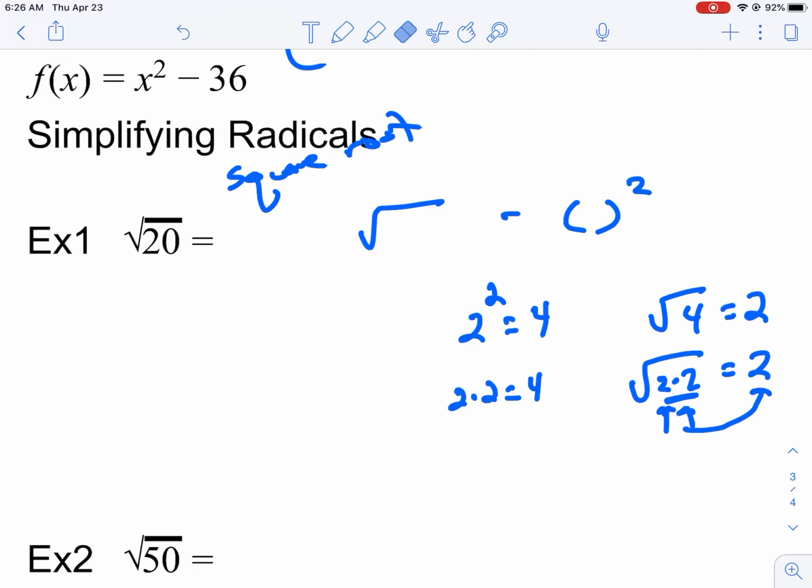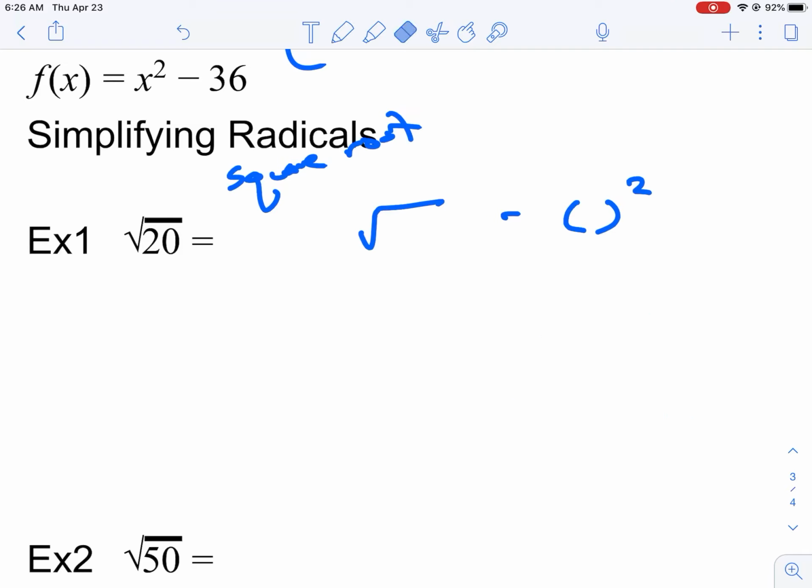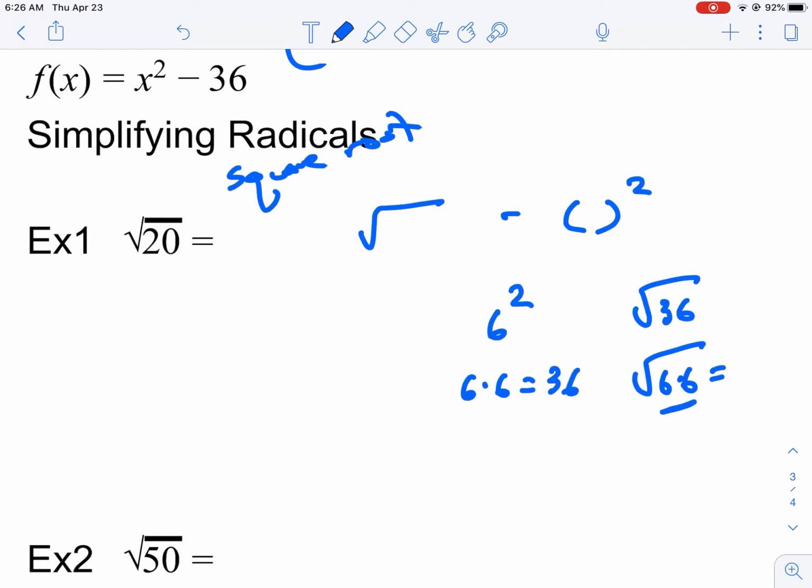I'll give you another quick example of that. So we just used the number 36, right? So 6 squared, which is 6 times 6, equals 36. The square root of 36 is really the square root of 6 times 6, and because we have a pair, we can pull it out and take the radical off. The square root of 36 equals 6, okay?